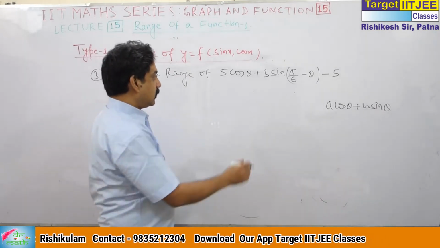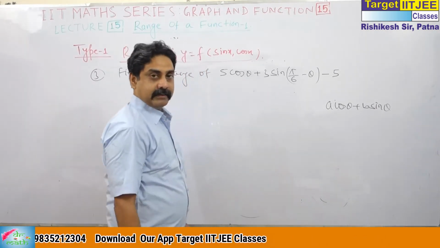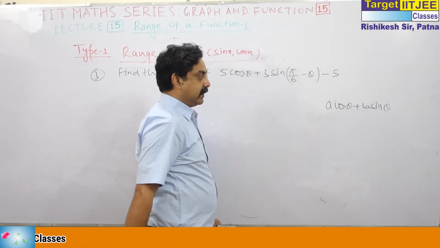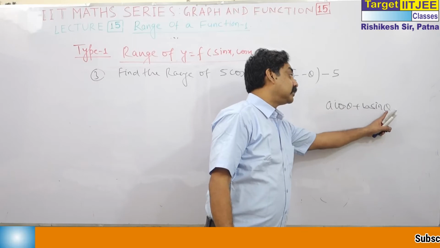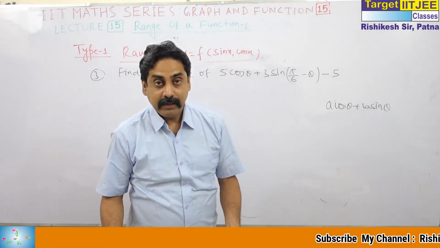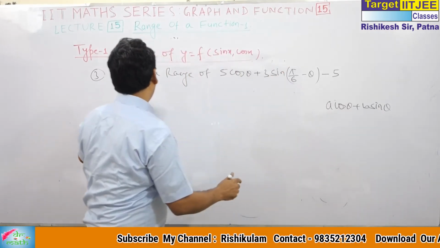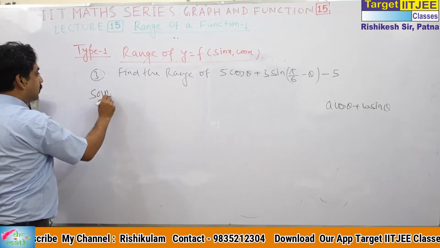Why? Because the angles are different. This is theta and this is pi by 6 minus theta. That will work only when both angles are equal. So I will first try to make both angles the same.